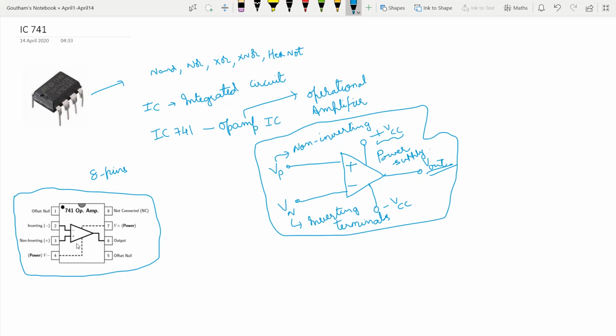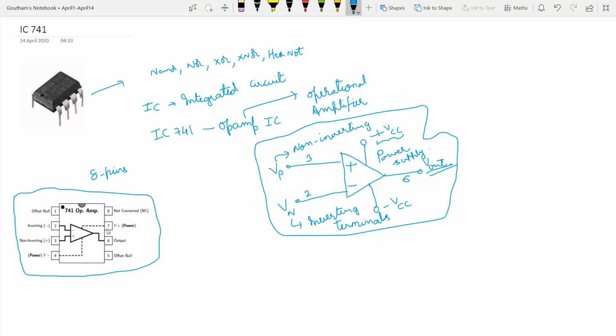Let us try to identify the terminals that we have discussed already. Pin number 2 is your inverting input, that is the negative input. Pin number 3 is your non-inverting input terminal, and pin number 6 is your output.